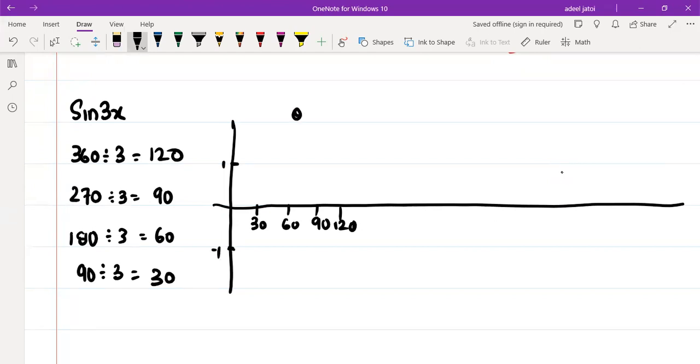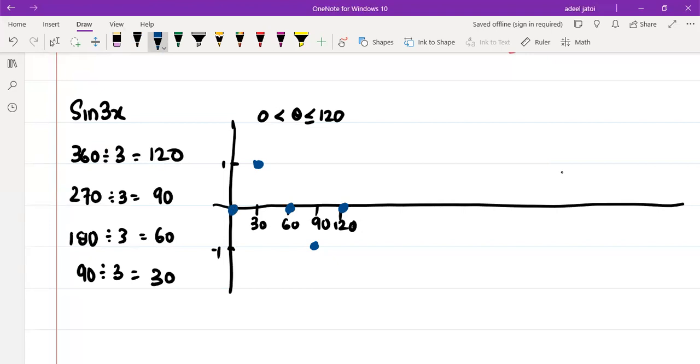This particular graph is from 0 to 120. If the range is from 0, theta is greater than 0 and less than equal to 120, then we will only create one cycle. So can I say 30 you will have maximum, 60 पे we will have 0, 90 पे we will have -1, and 120 पे we will have 0.